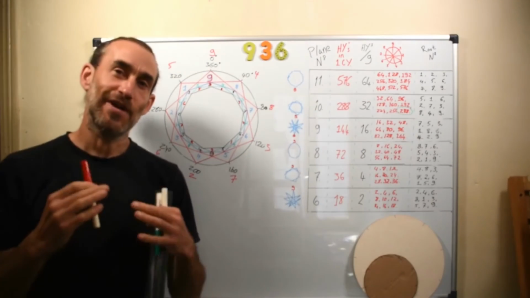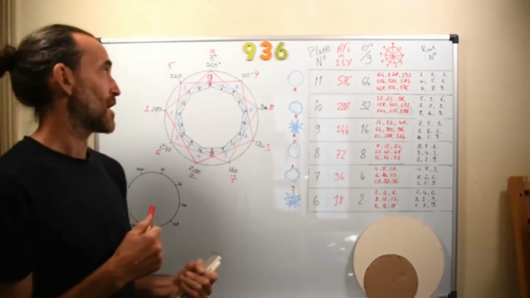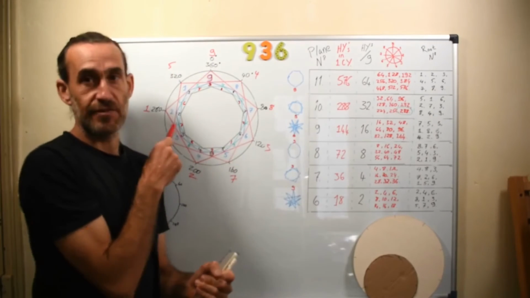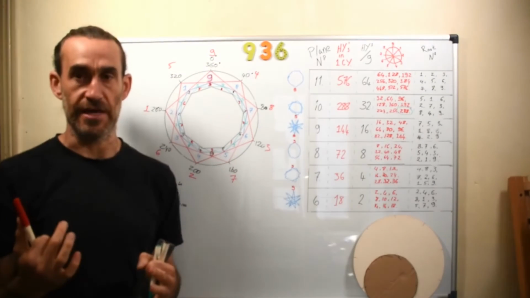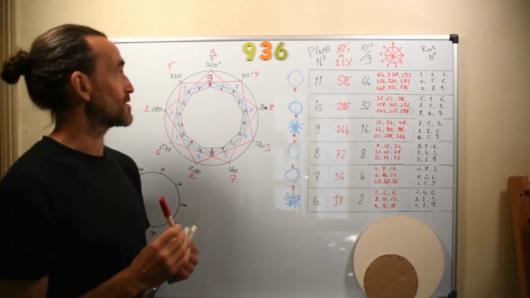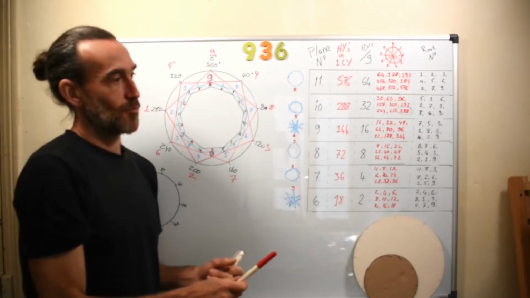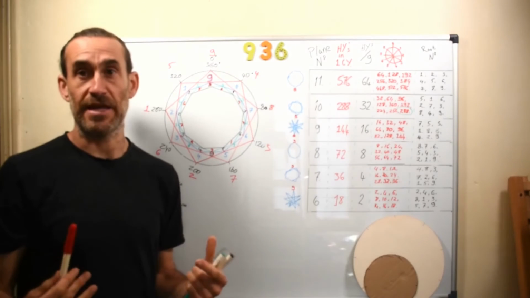So trying to step away a little bit from the pure theory of all this, the 360 degree cycle is the celestial year, 360 days of a celestial year. And when we're working through the levels, we're working on different aspects of our being.